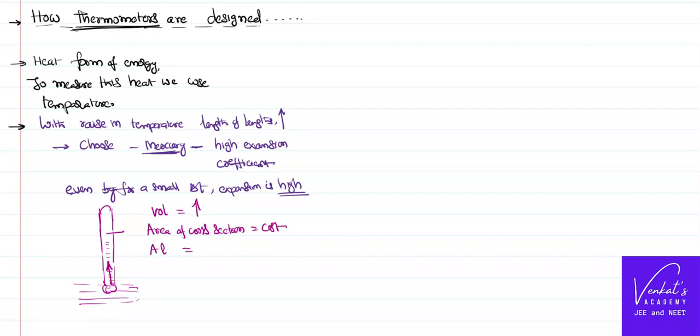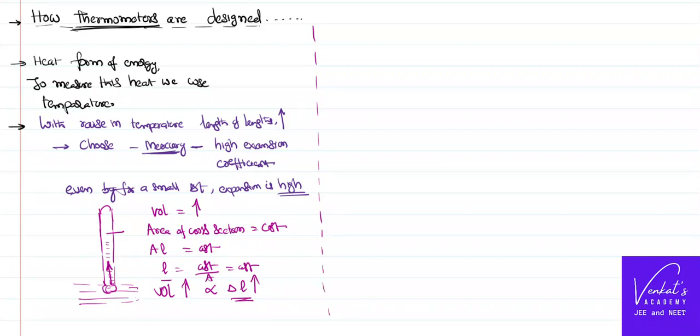Volume is area into length, so length equals volume by area, where the area is constant. So when volume increases, the increase is proportional to the increase in the length. Thus we measure the increase in the length as an effect of the increase in temperature.